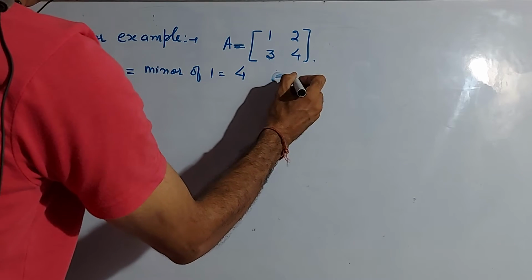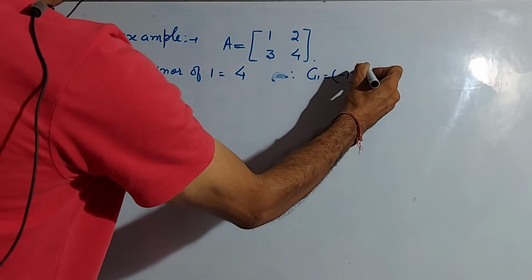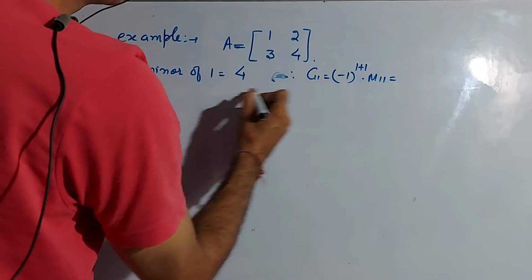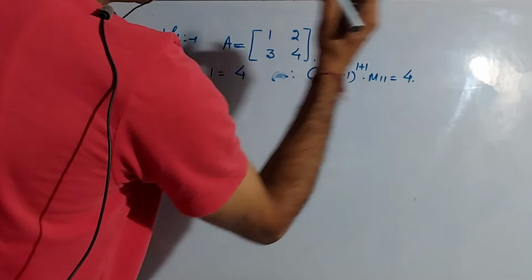Therefore, cofactor will be minus 1 raised to the power 1 plus 1 into M11. This value is positive, so the value is again 4.